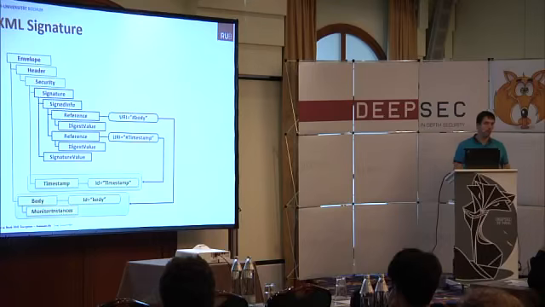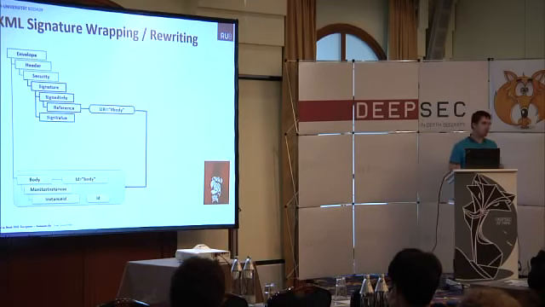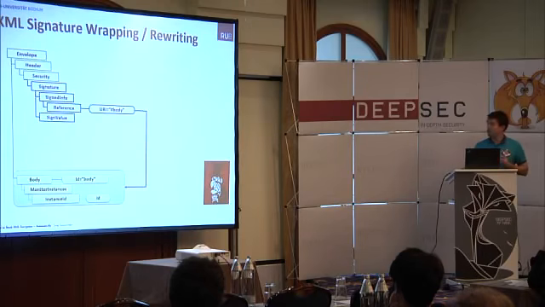What can go wrong? There's a problem called XML signature wrapping. It is very simple to describe. Imagine we have an attacker who eavesdrops or gets in possession of this message. We have this signed body element, and he creates a wrapper element somewhere in the header.